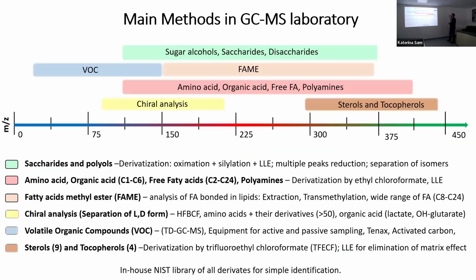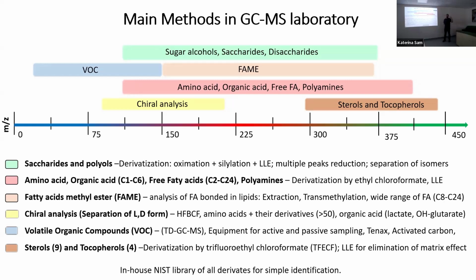analysis. In the GCMS lab, we have the analysis of saccharides, polyols, and amino acids. In the GCMS lab, we must use derivatization because it's impossible to measure the samples directly without derivatization. Derivatization means changing the structure.